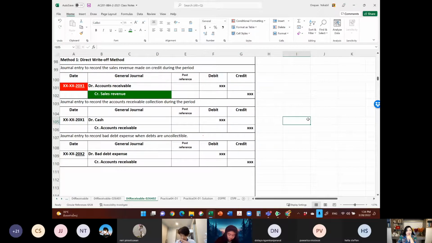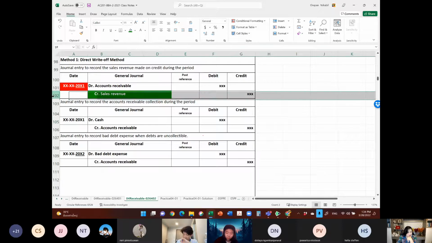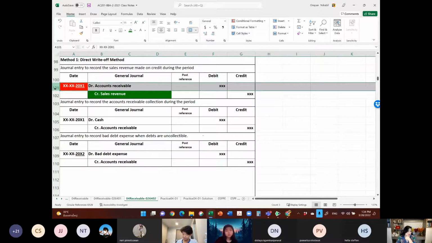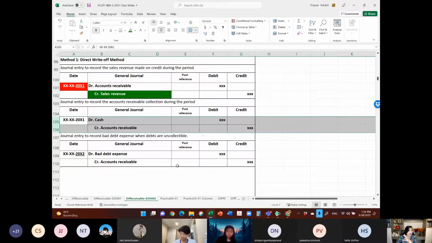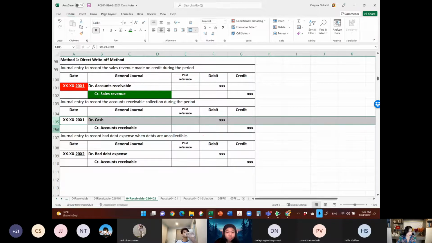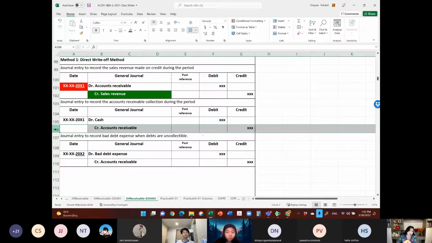Now, the company has earned the revenue in year one, and then since the company has not collected the money, the debit would go to the accounts receivable. And then during this year one, what the company will do is try really hard to collect money out of that receivable. And if they can do that, then it's going to be debit to cash and credit to the accounts receivable.